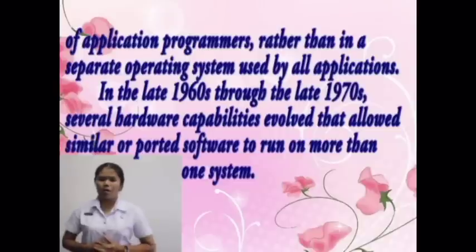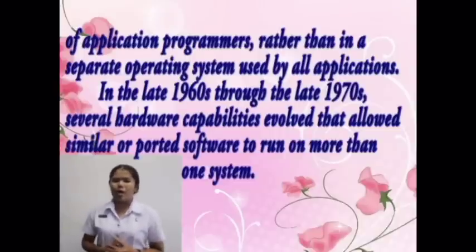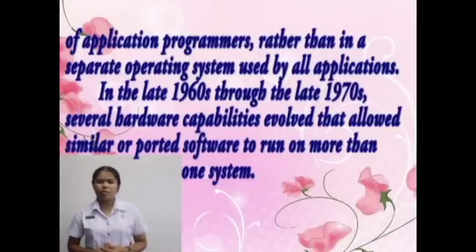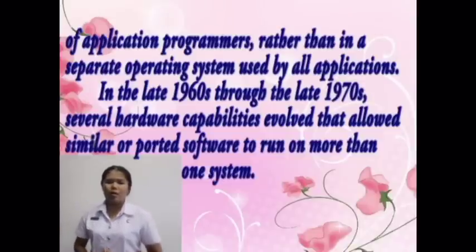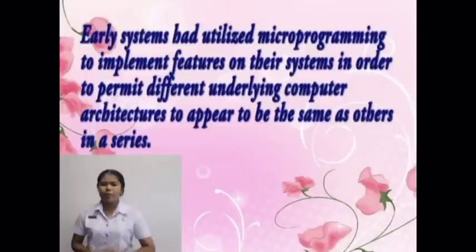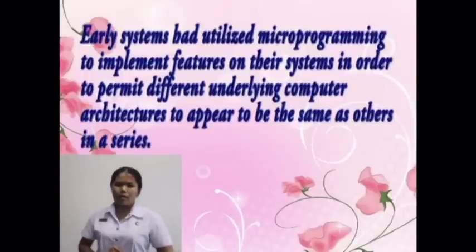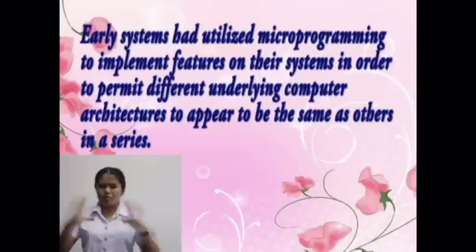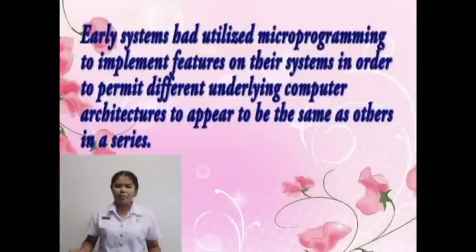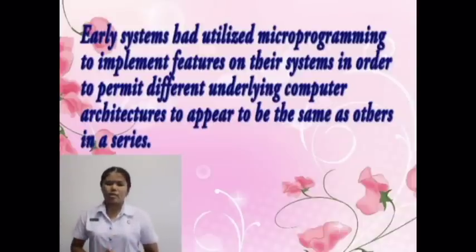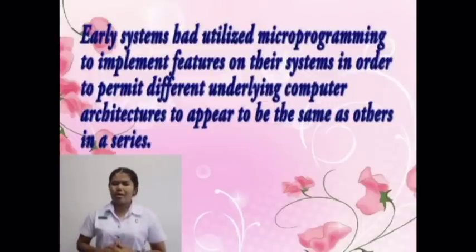In the 1970s, several hardware capabilities evolved that allowed similar or ported software to run on different systems, using microprogramming to implement features on their systems in order to permit different underlying computer architectures to appear to be the same as others in a series.